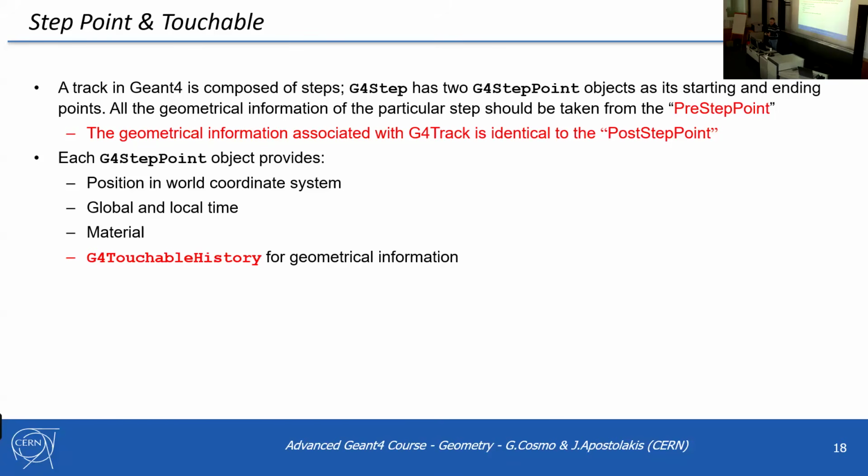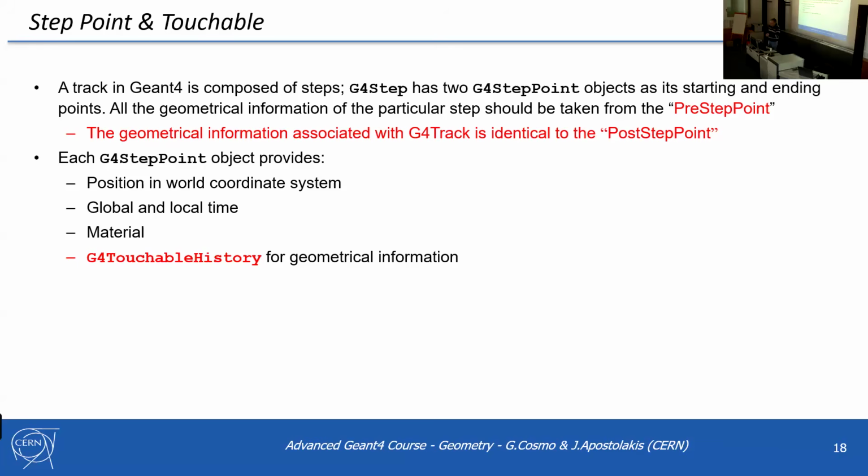What you have to know is that all the geometrical information of a particular step is always good to take from the pre-step point, because it's the point where you are sure your particle is at exactly that moment, and that will tell you where the particle at that point is. Of course, you cannot know at the post-step point where your particle will be after, because it may exit a volume and be in another volume. So this information at the post-step point may be lost at that time.